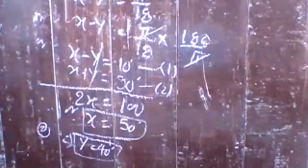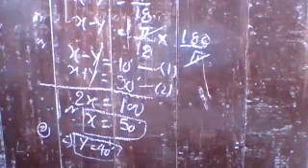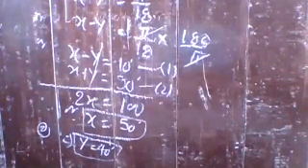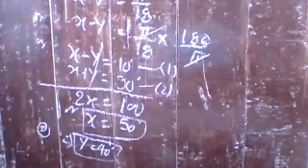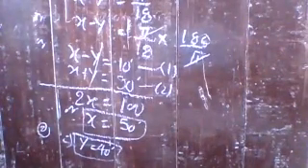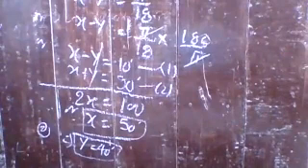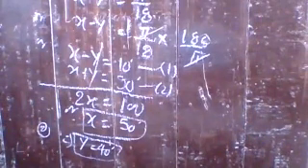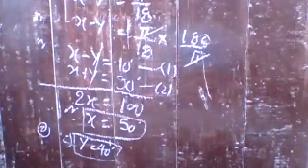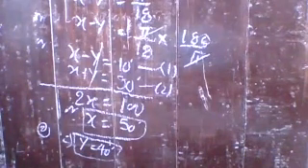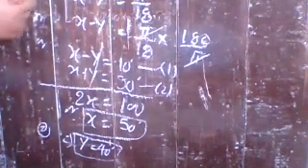Next question: the angles of a triangle are in AP, arithmetic progression. Note it. The angles of a triangle are in AP, and the number of degrees in the least to the number of radians in the greatest is 60 is to pi.